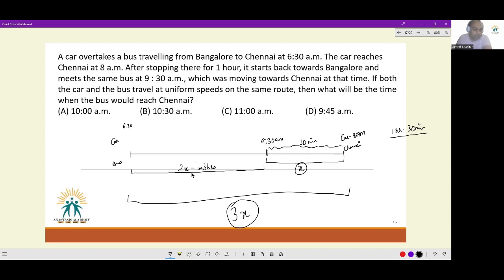So this x distance, it will travel in 1.5 hours. What will be the time when the bus would reach Chennai? From 9:30 a.m., 1.5 hours more, the bus will manage to reach Chennai by 11 a.m. That will be the answer.